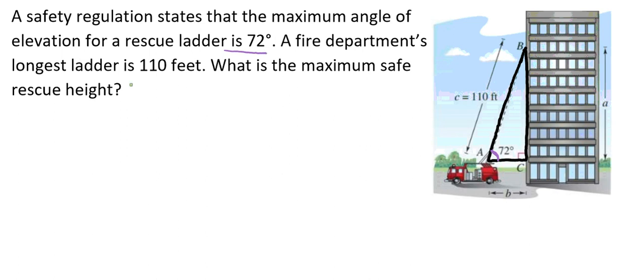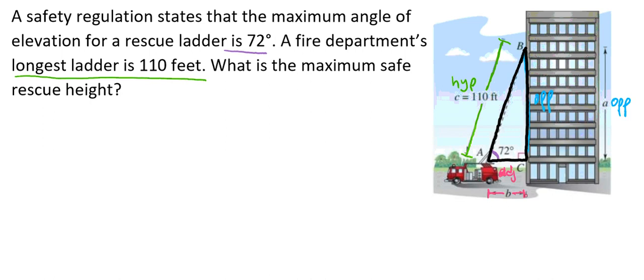We know that the longest ladder is 110 feet, as we can see here. This is our hypotenuse. So that would make this our opposite side, the side that's next to the building. And then our adjacent side is side B.